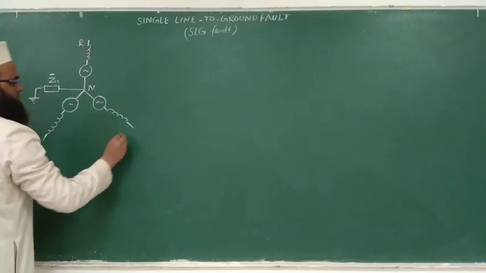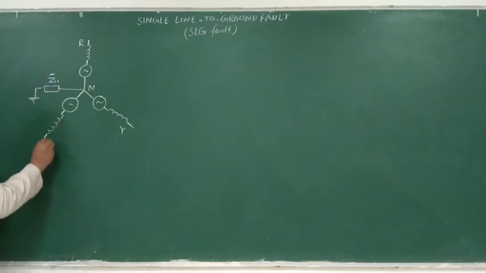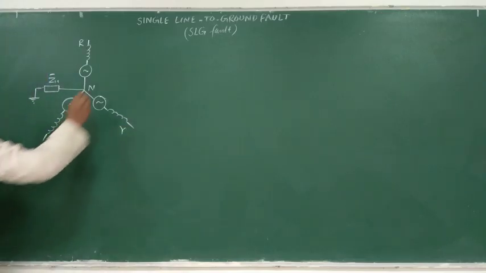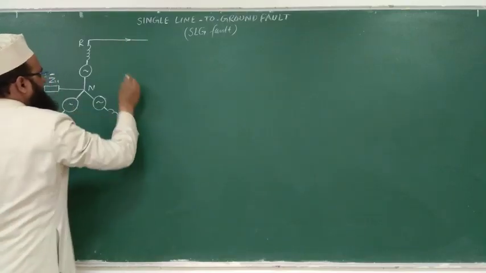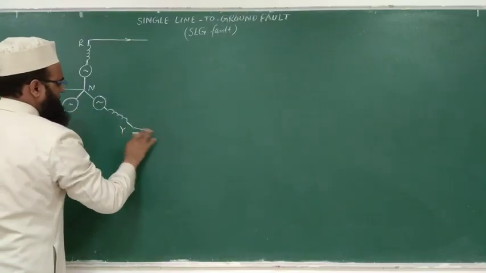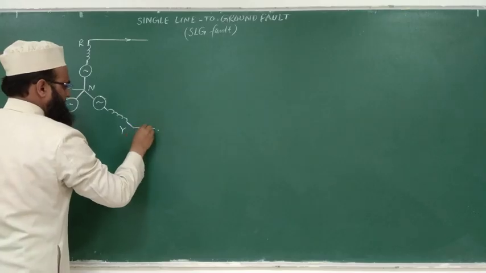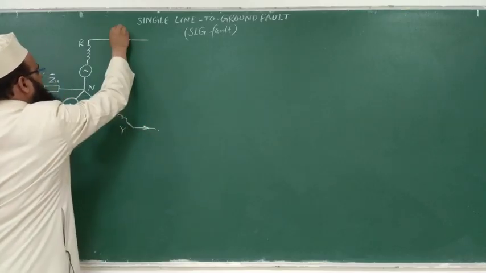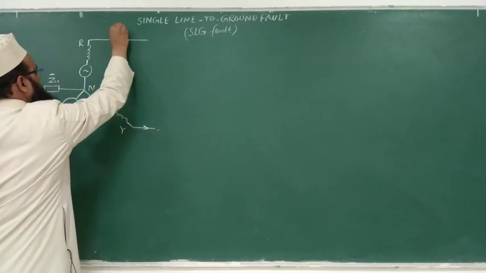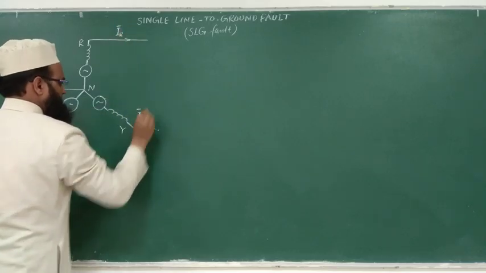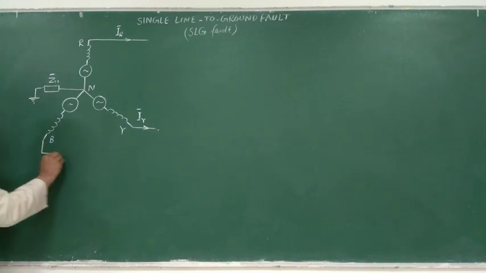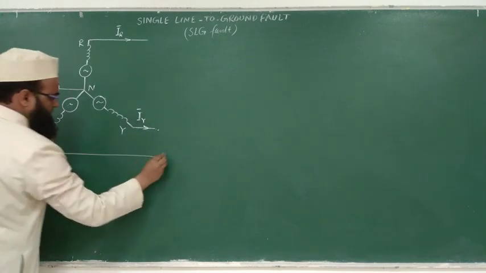R phase, here Y, let us make here B. So the line currents will be, let us say, IR, IY, and IB.